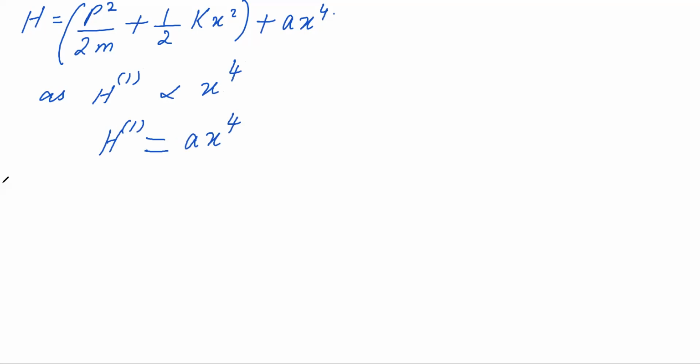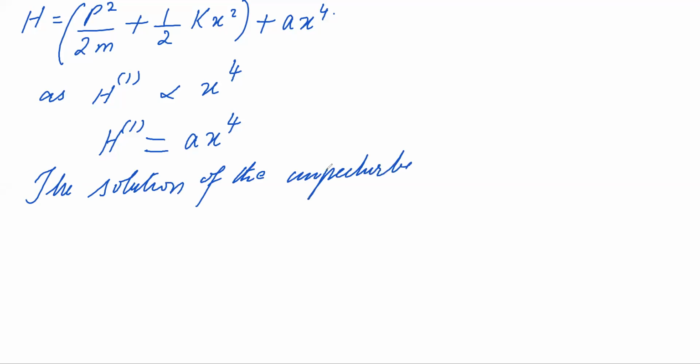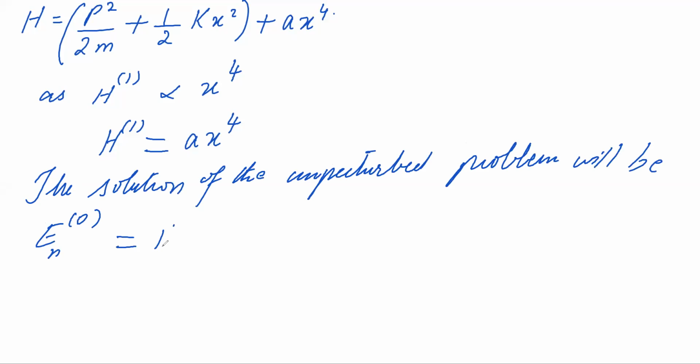So this is how we get the second term. So now the solution of the unperturbed problem will be: E_n superscript 0 will be equal to H superscript 0, which will be equal to (2n plus 1) h bar omega over 2.